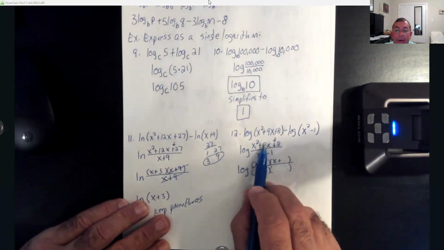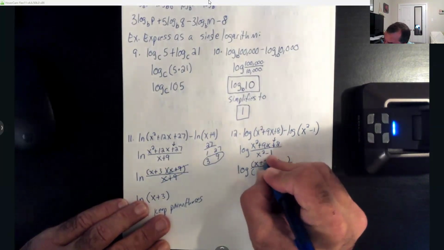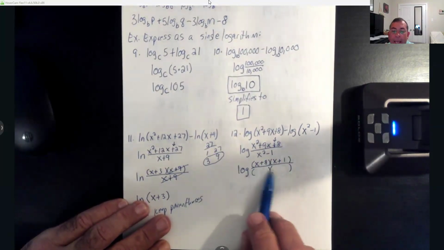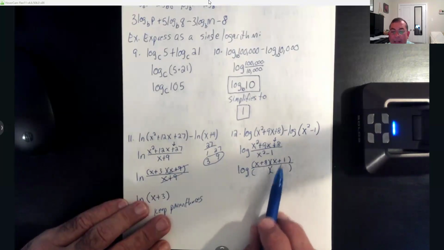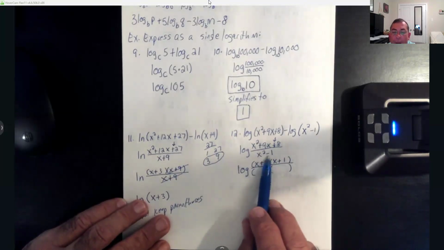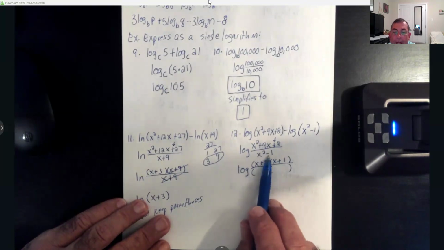Factors of 8 that'll give me a 9 are 8 and 1. So if something's going to cancel, I need an x plus 8 on bottom or an x plus 1 on bottom. Well, all this stuff right here, x squared minus 1, this is the difference of perfect squares.